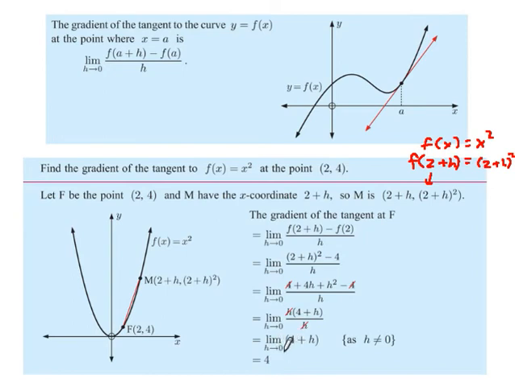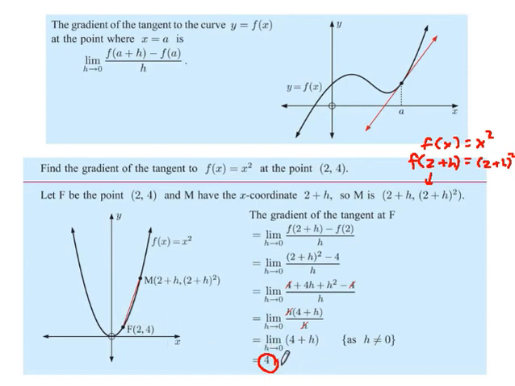Now I can directly substitute 0 in and get 4. So this is the limit. That's the y value being approached as I get closer and closer to x equals 2. The limit at that point will actually be 4.